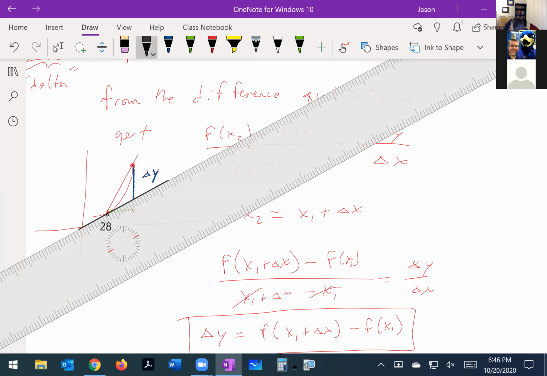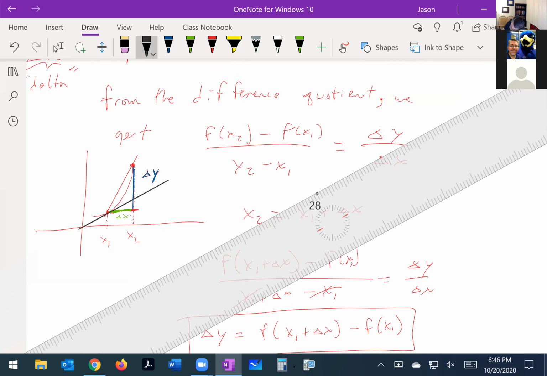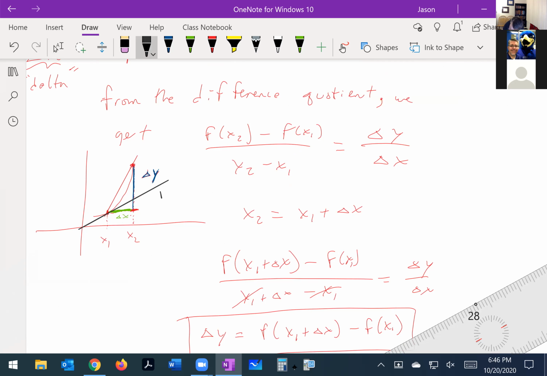So there's the tangent line. We're going to call that f prime of x. Instead of this being x1, I'm just going to call this x. And that f prime of x, boom.